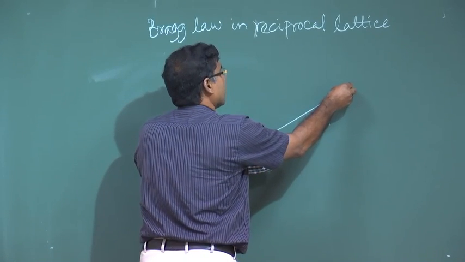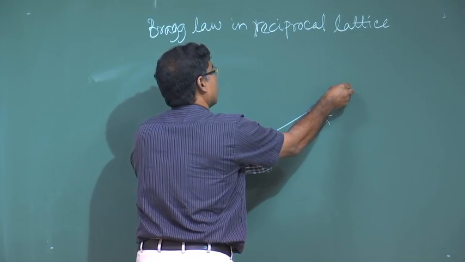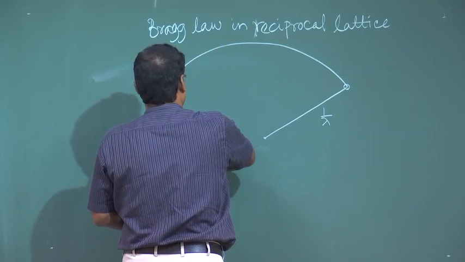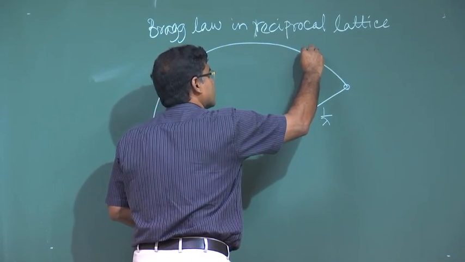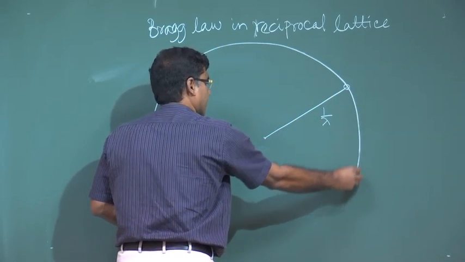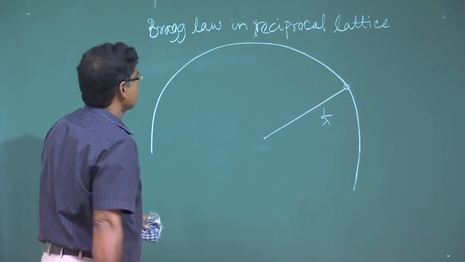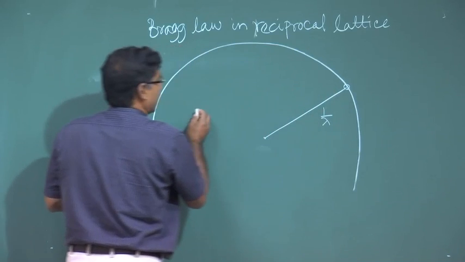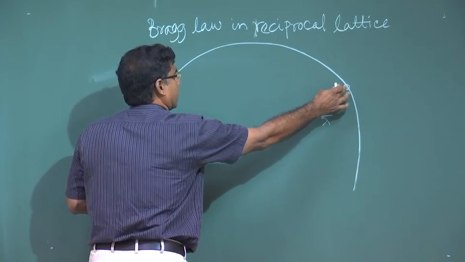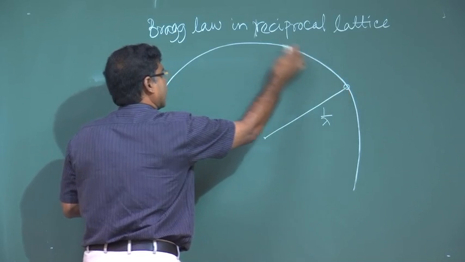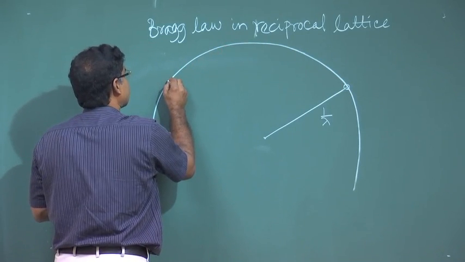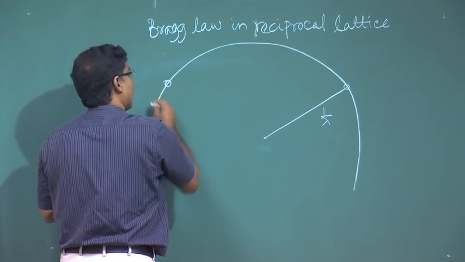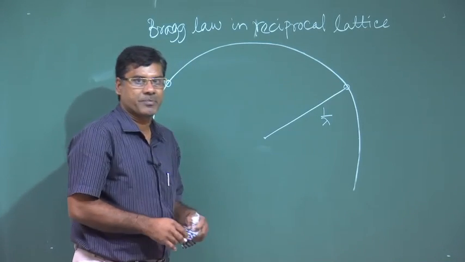Okay. So, if you draw a sphere, it will intersect some reciprocal points at different places.